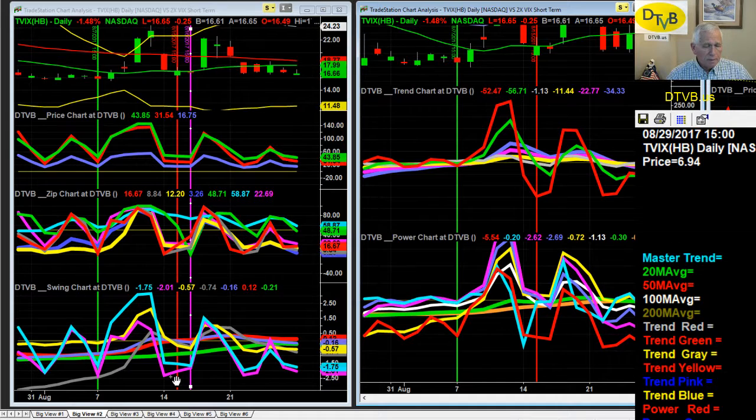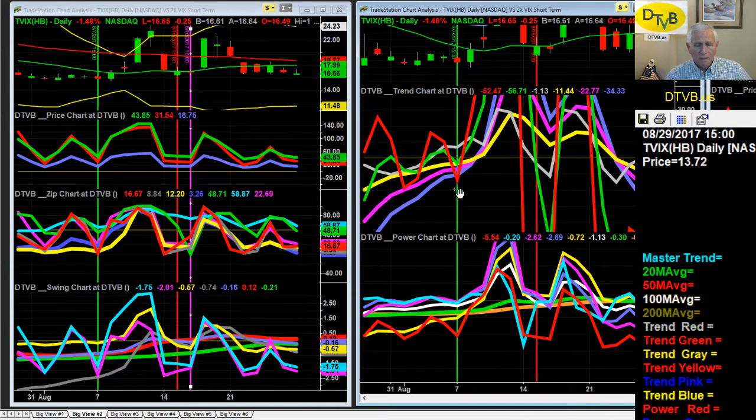But Swing Zion and Swing Pink is under Swing Zion, and it's not lowest. At this point, Zip Red, it's a leading indicator, it's going up. But one of the things that you find here is that the next day you had a red candle. When you look at this stuff, you need to keep those short-term trend indicator lines in mind.